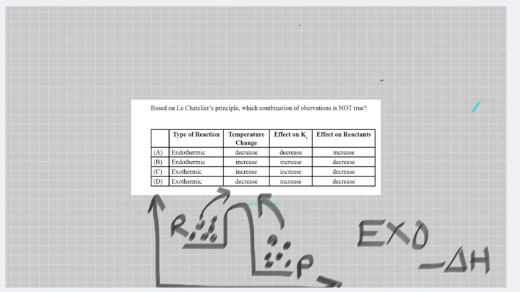The product side, which had the bigger barrier, would benefit more from the increase in temperature, relatively speaking. And therefore, overall, with the scenario of C, we are likely to get more products crossing over and becoming reactants than we had before when we increase the temperature. And therefore, the reactant side over time should start getting more. So reactants would increase. And in that way, we have proven that C is incorrect.